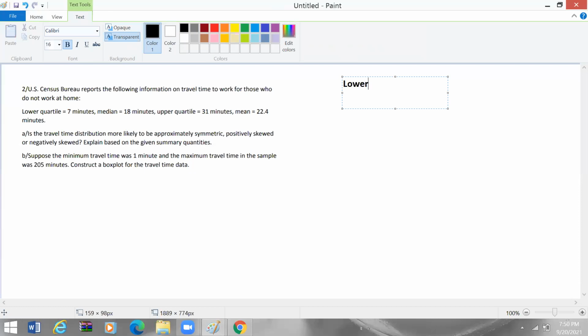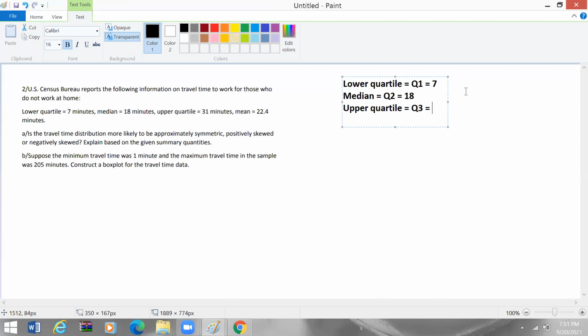The lower quartile is also called the Q1. So the Q1 is 7. It's also called the first quartile. So the median that we have for that example is Q2, and that is 18. And then we're going to have the upper quartile, and this is Q3.